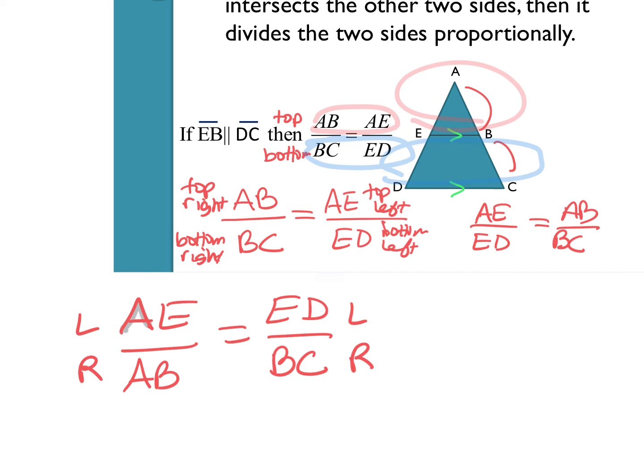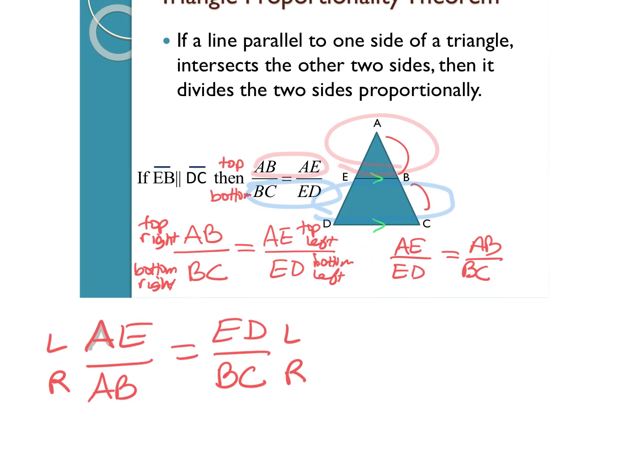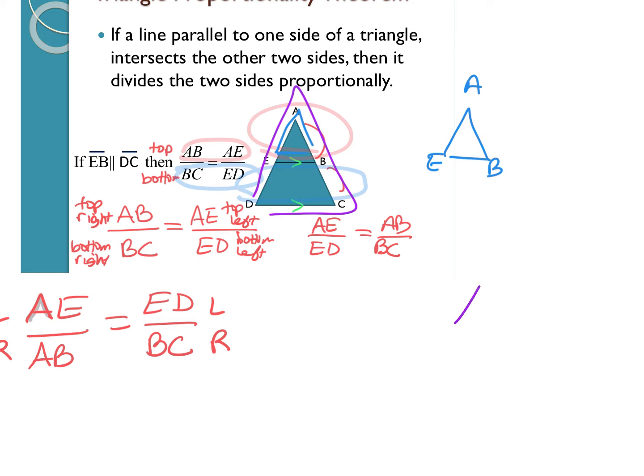Think about this. These are actually two similar triangles. So if you think about the top one here in blue, AEB, compared to the whole thing, ADC, since these sides are parallel, I know I have corresponding angles going on.